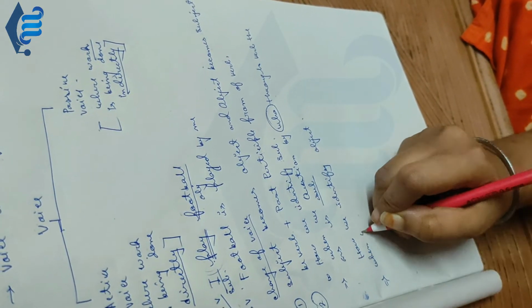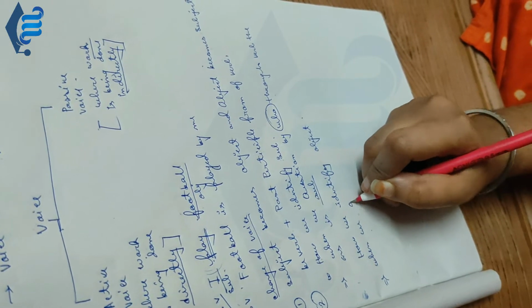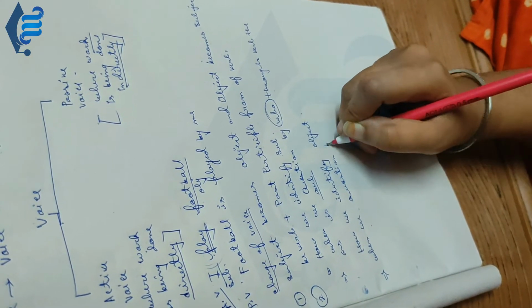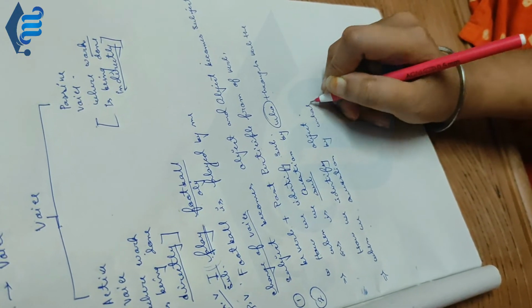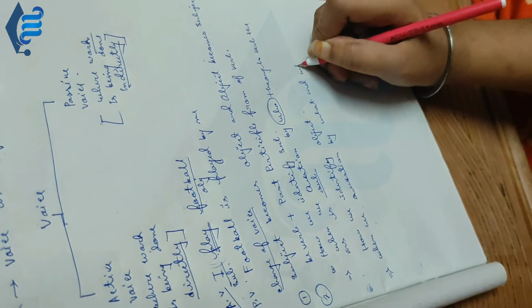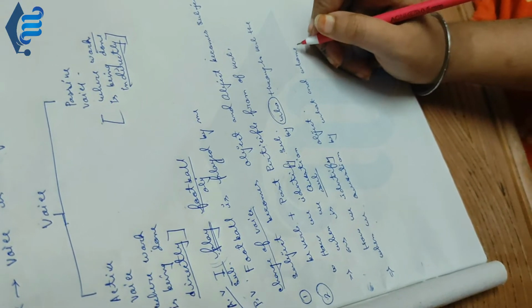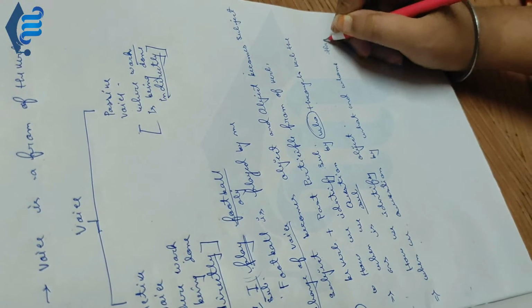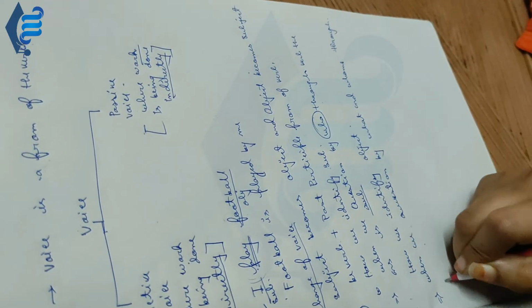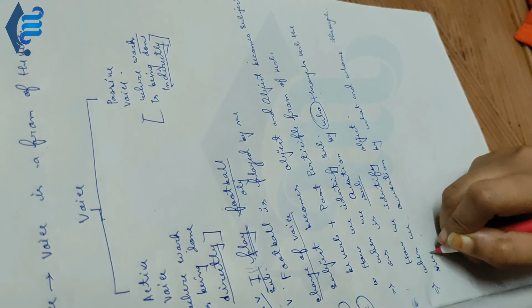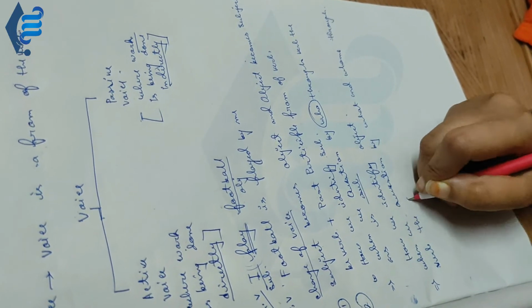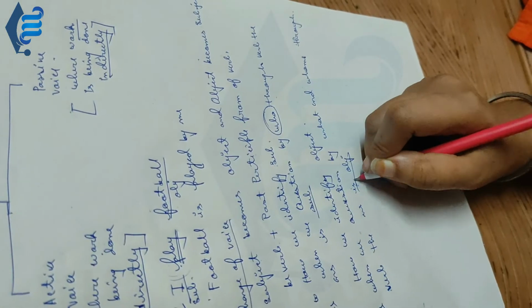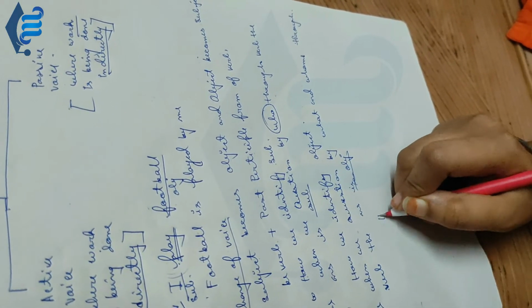When we question by what and whom through the verb, the answer is the object. Now come to an example.